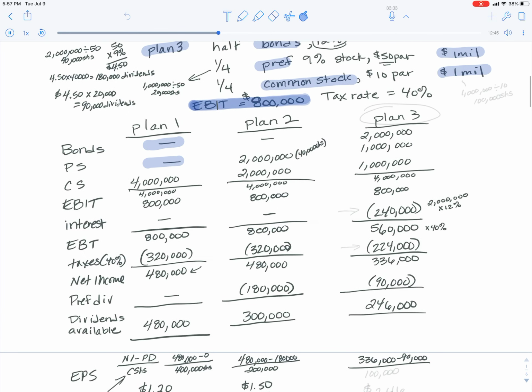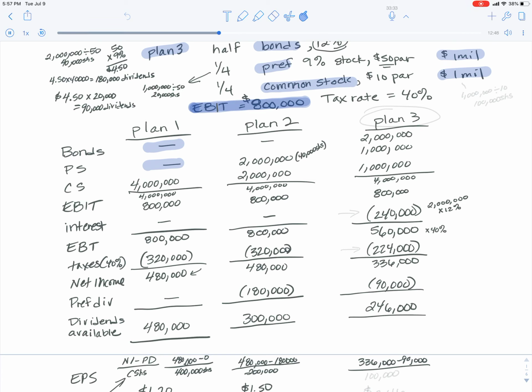And then our common shares will be this 1 million that we're going to get from Plan 3 divided by 10 is 100,000 shares of common stock. So that'll be your denominator. So you actually get $2.46 if you go with Plan 3.